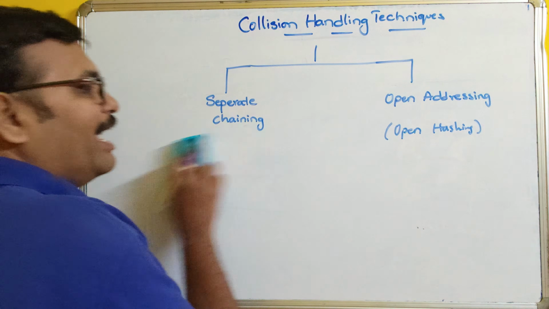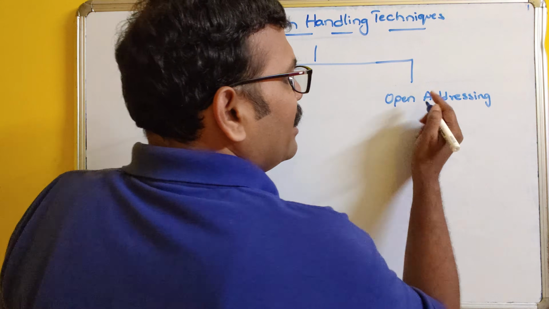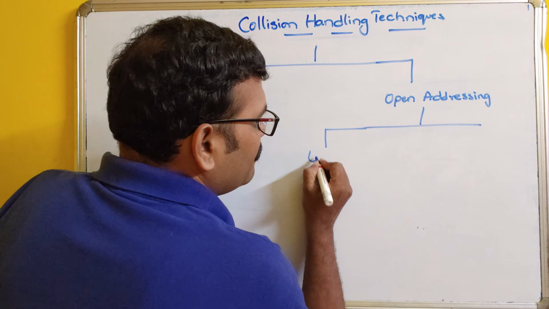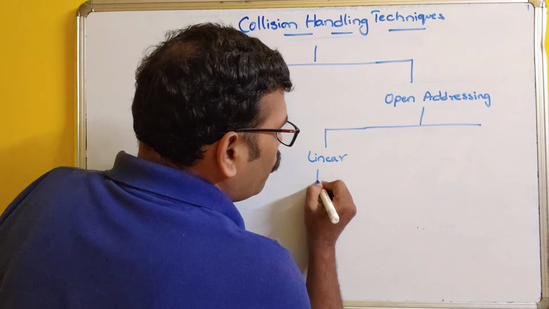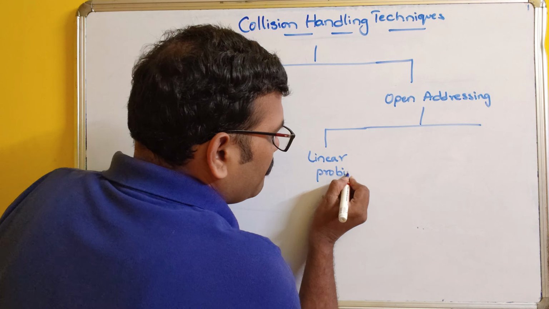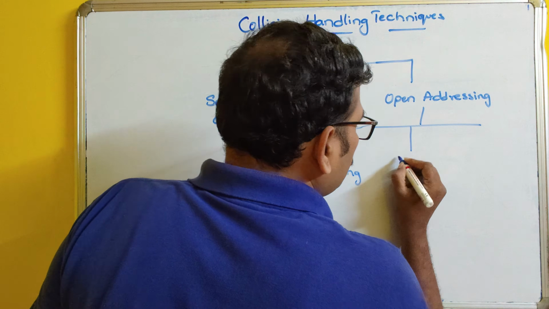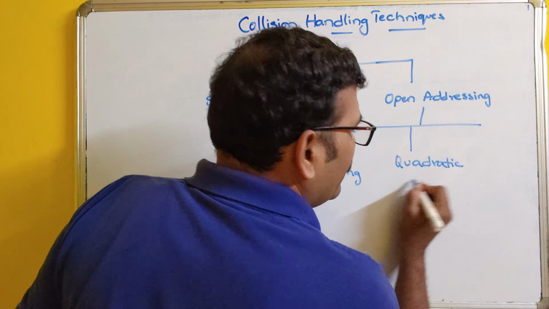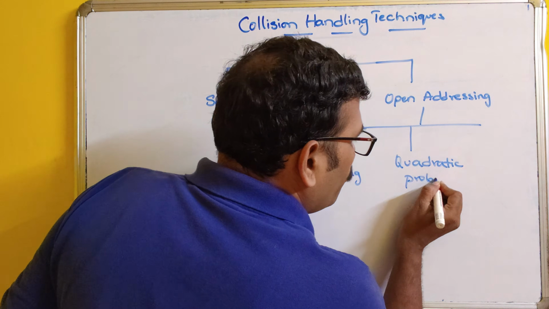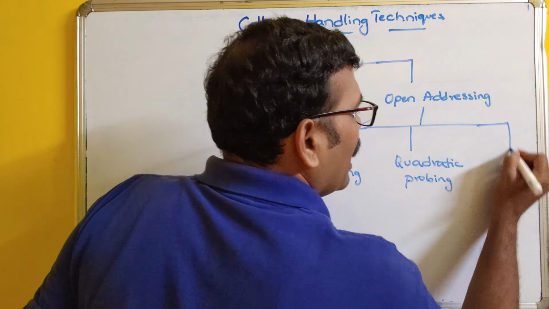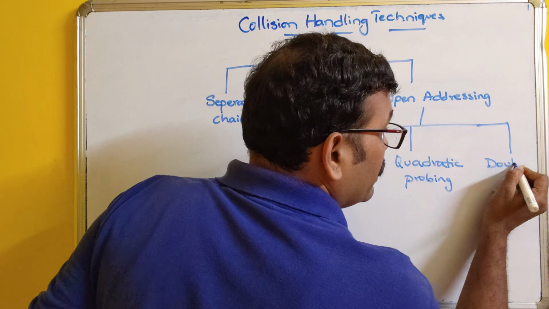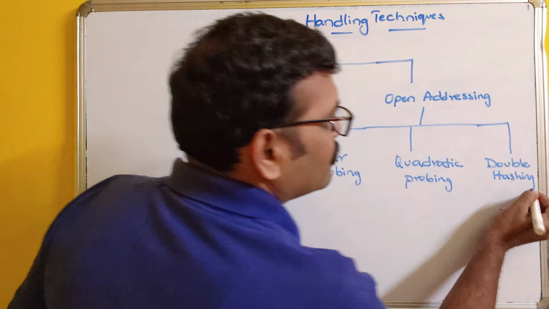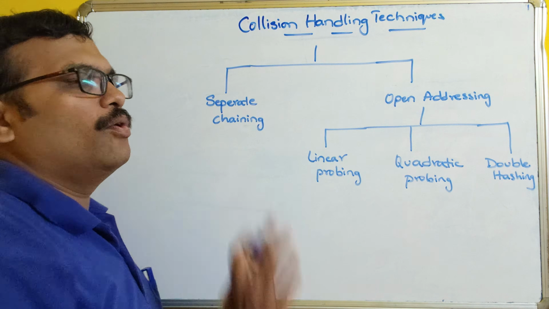Again, this open addressing is categorized in different ways. One is linear probing, then quadratic probing, and the last one is double hashing. So there are three more techniques under open addressing.